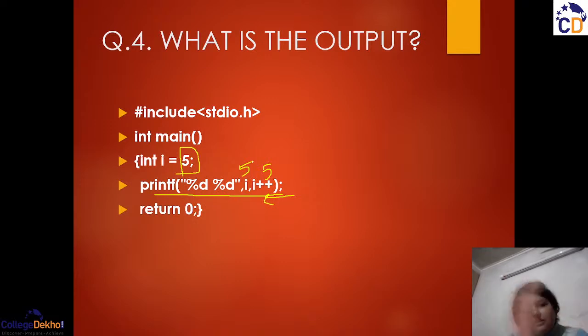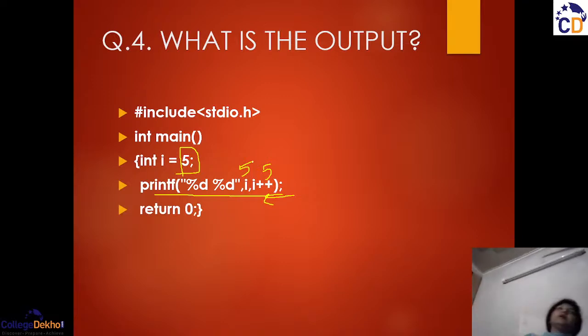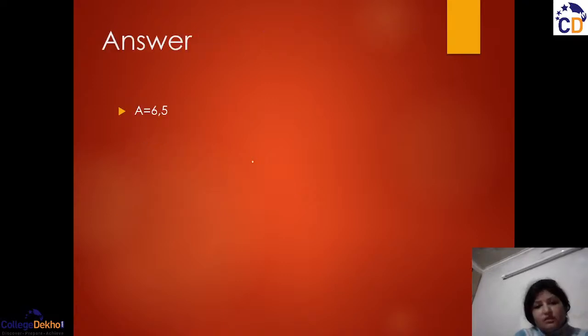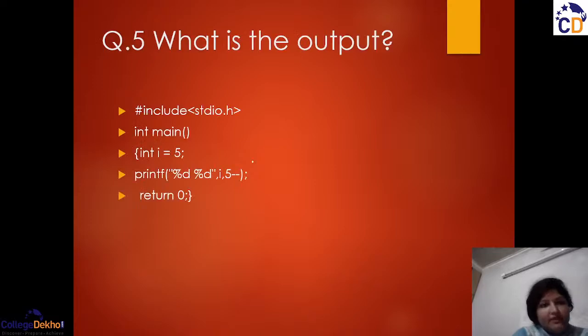So this is the difference between pre and post, that's what I told you in this session. First priority is pre-increment, then the assignment operator, and then the post-increment. So the value would be 5 in this case, the value of I, right?